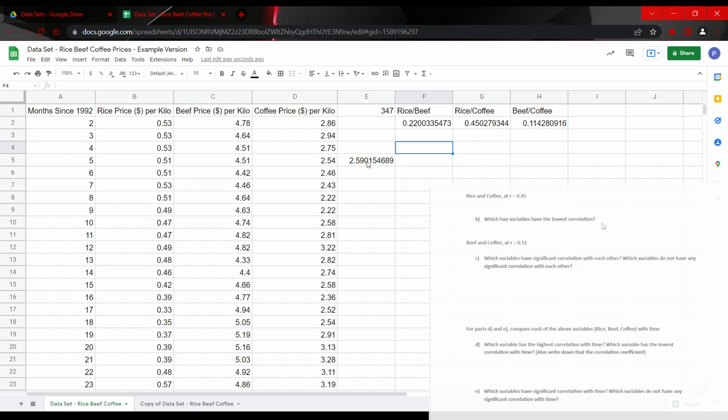Which is t is equal to r over the square root of 1 minus r squared over n minus 2, or the degrees of freedom. So this will be the formula, and our r is going to be up here. The thing about this is that all of them are going to be using the same graph. So you can just draw one graph and plot 3 dots on it.